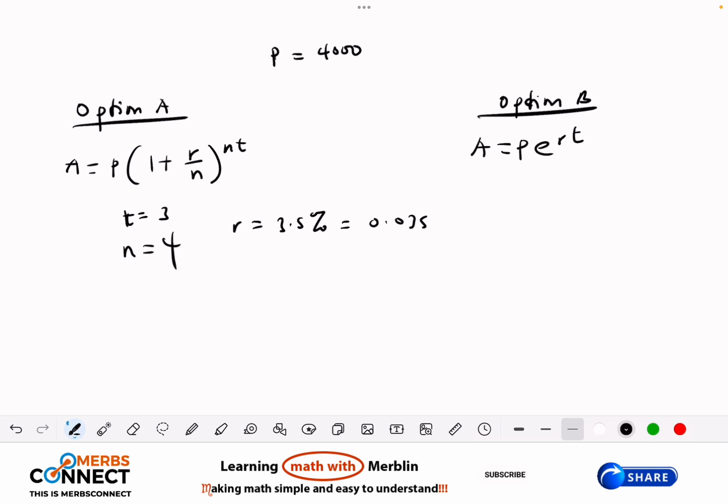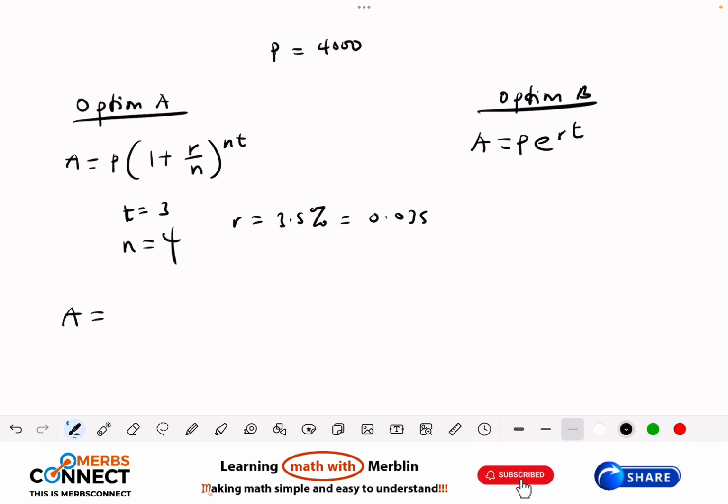So since we have all the information, then A will be equal to 4,000 times (1 + 0.035 divided by n, which is 4), raised to the power of n times t, right?